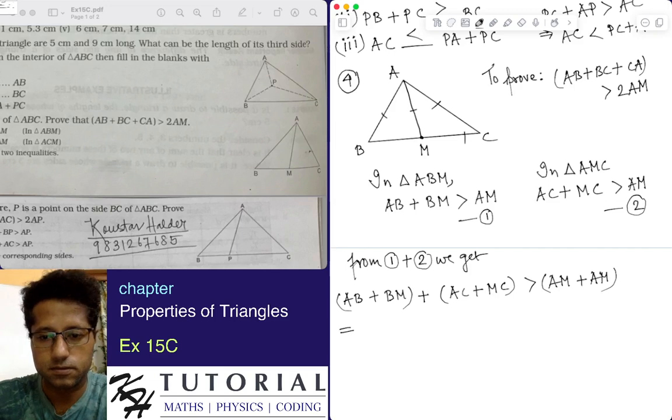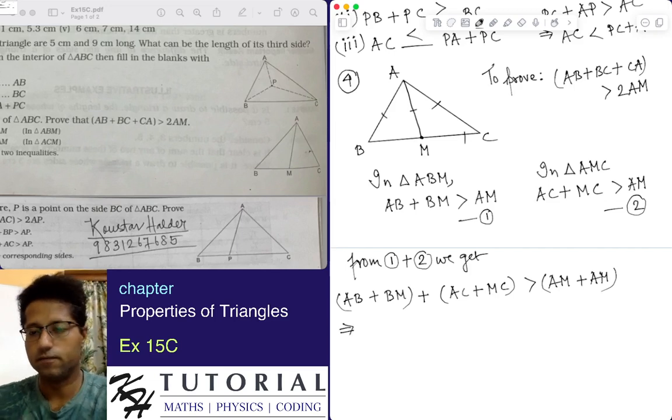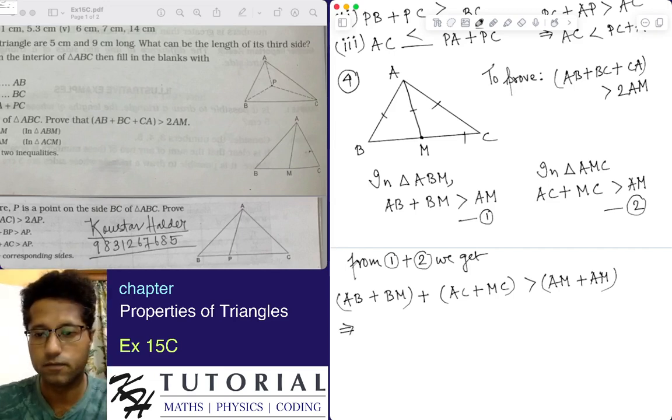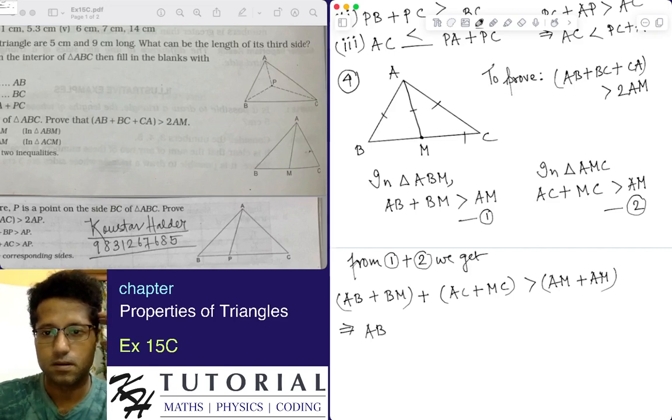Simplifying both sides, we get AB plus AC plus BM plus MC greater than twice AM.